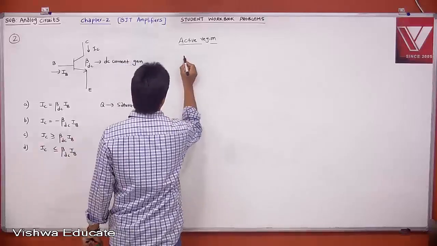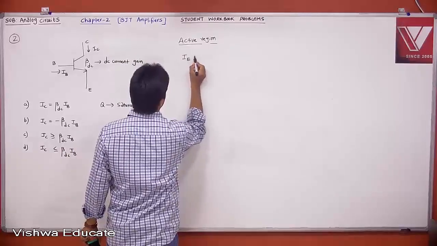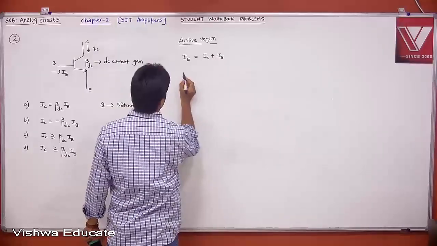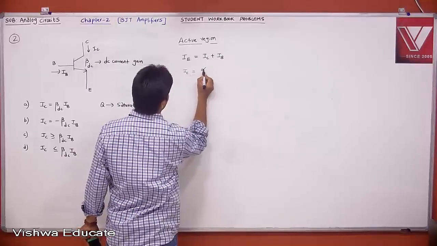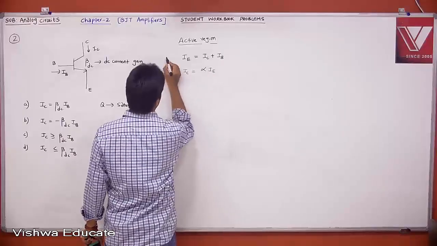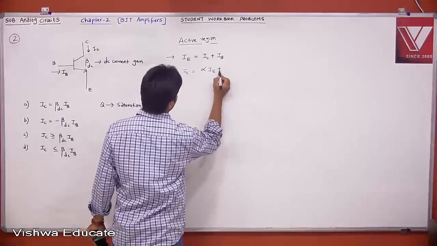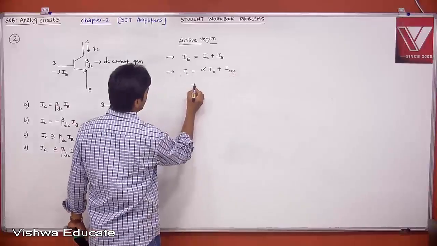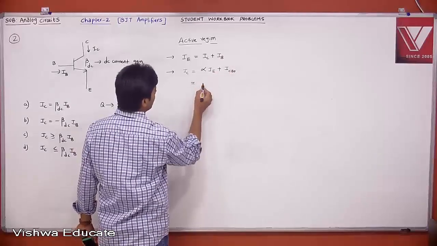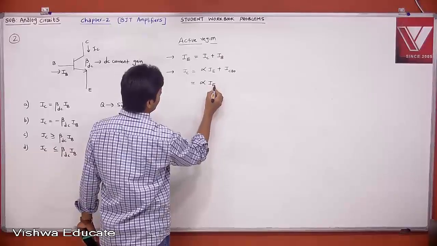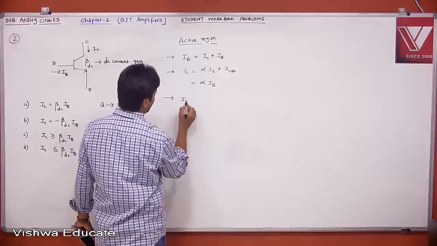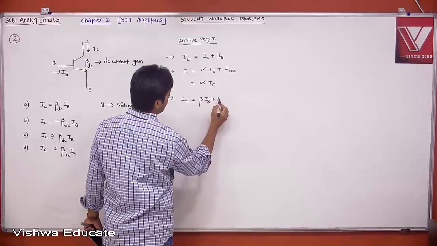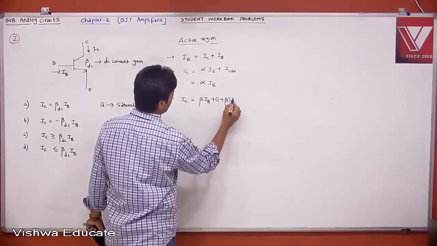Your emitter current IE is equal to IC plus IB, and IC is equal to alpha into IE plus ICBO, or IC naught. If you neglect the reverse saturation current, IC will be equal to alpha into IE, and IC is equal to beta into IB plus 1 plus beta into IC naught.